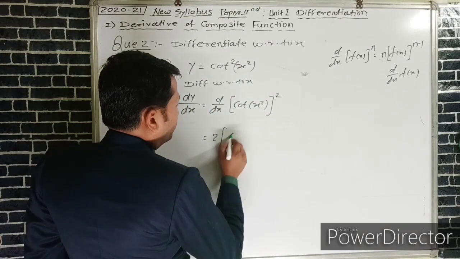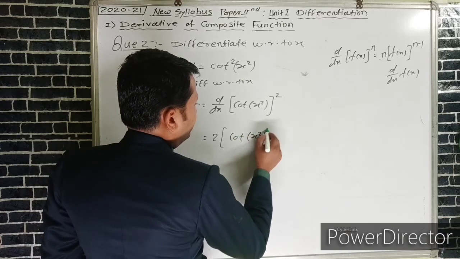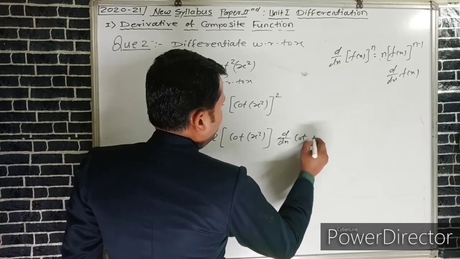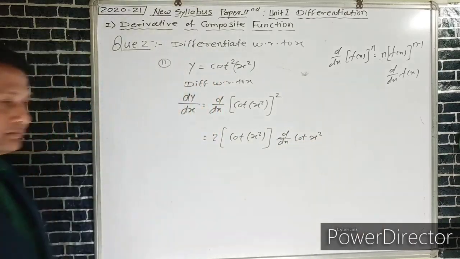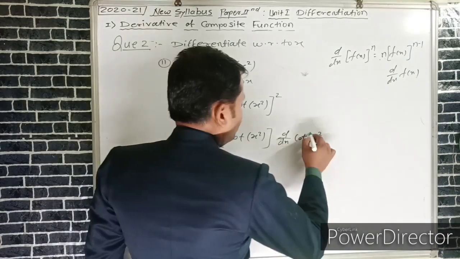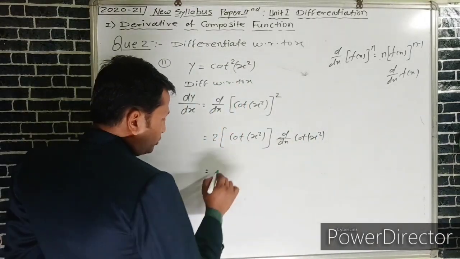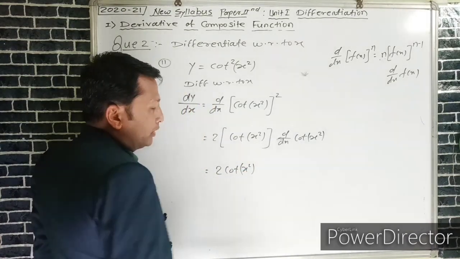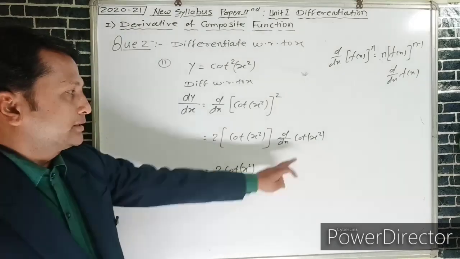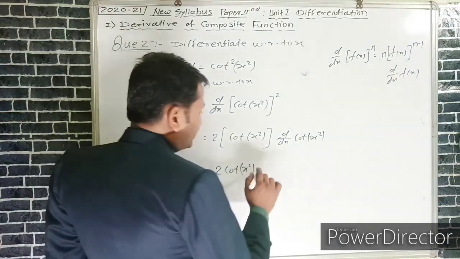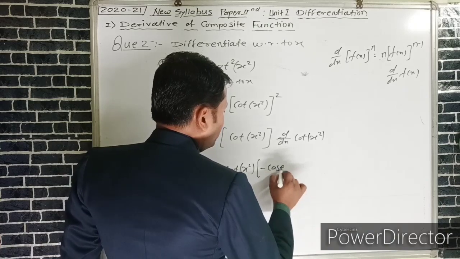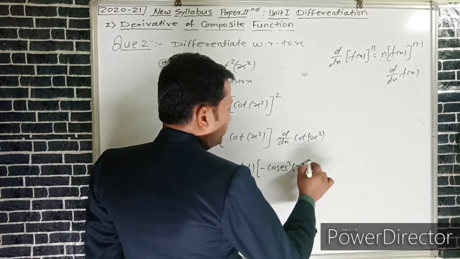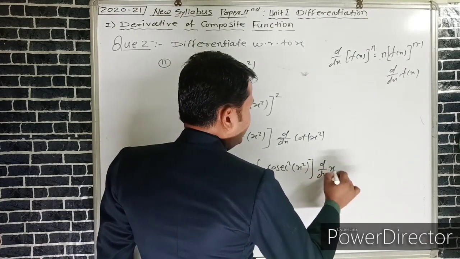2 into cot of x square into again the derivative of cot of x square, which equals 2 cot of x square into, since this function is in the form of cot x, and the derivative of cot x is minus cosec square x square. x square is in composite form, hence we take again the derivative of x square.